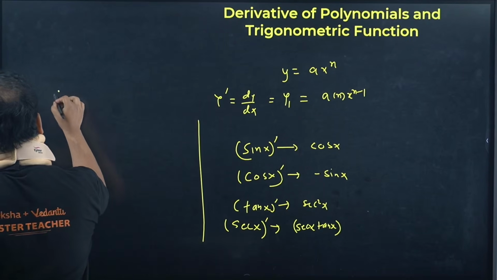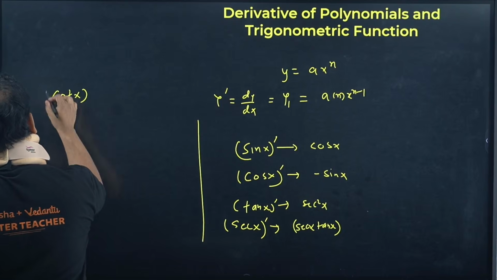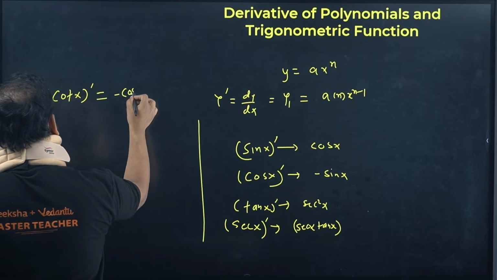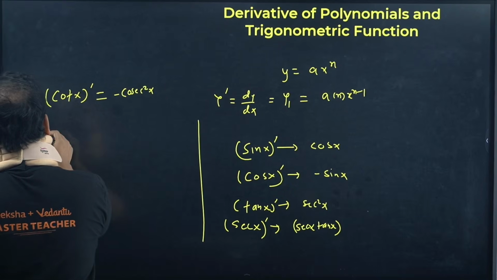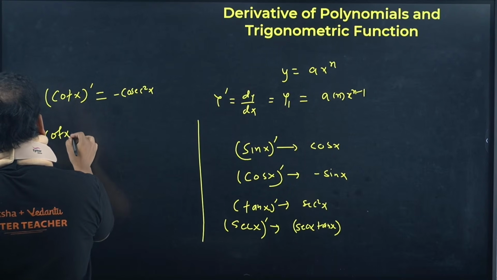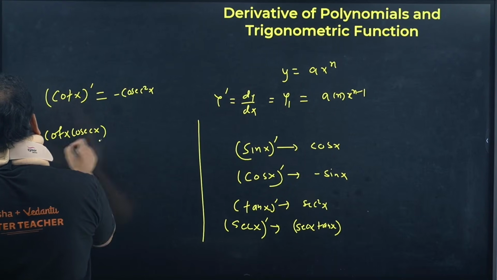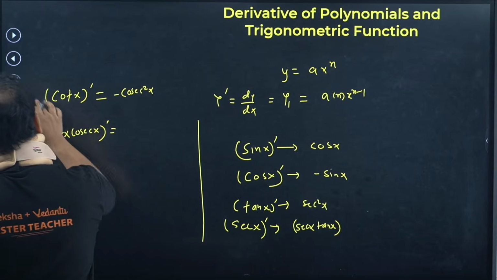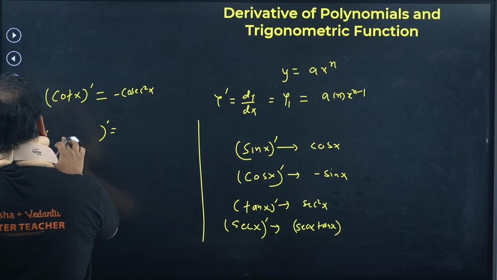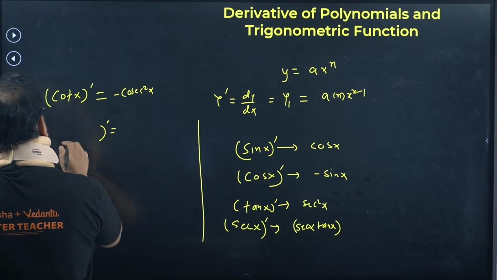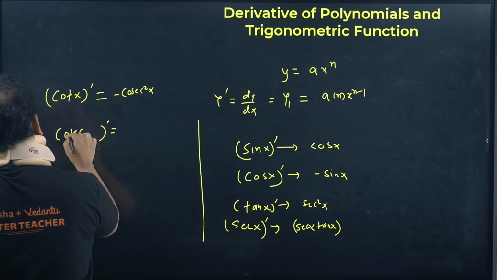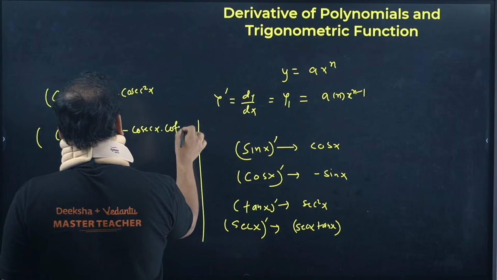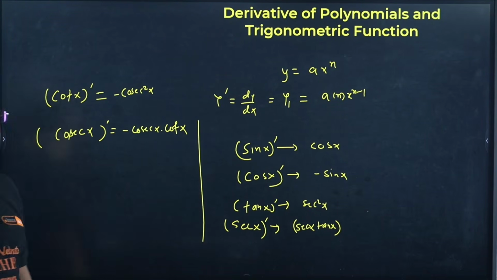If you check cot x, the derivative is minus cosecant square x, and for cosec x, the derivative is minus cosec x into cot x. So I hope this is clear.